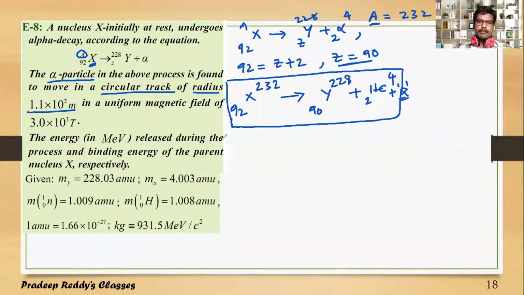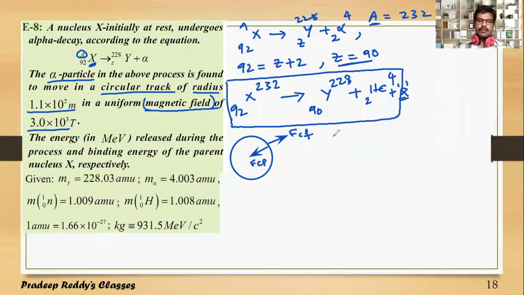Whenever a particle is moving in a circular track, as we know, there will be a centripetal force and there will be a centrifugal force outward. The centripetal force is provided by the magnetic force in this concept, because we are allowing this alpha particle to enter a magnetic field of this much value. So the centripetal force is the magnetic force, and this is the centrifugal force, which is mv square divided by r.